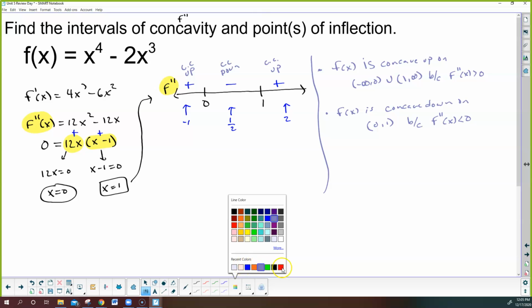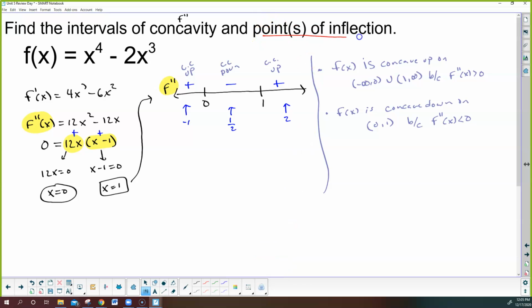So now I can answer the second part because I know when the sign changes. So the original function has points of inflection at x equals 0 and x equals 1.